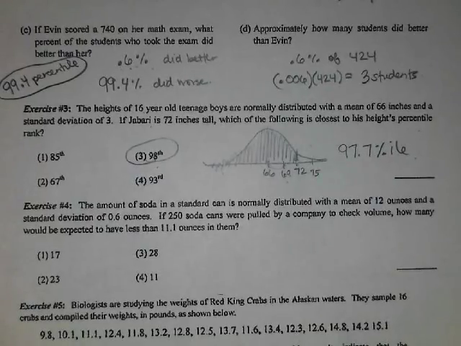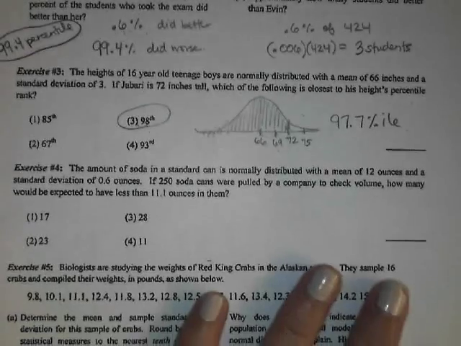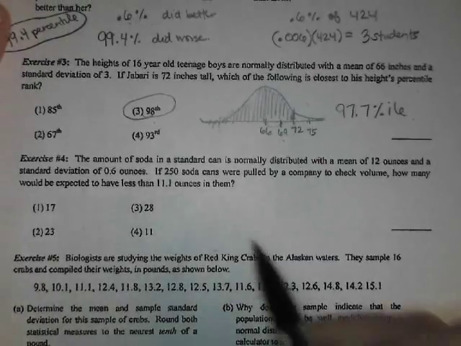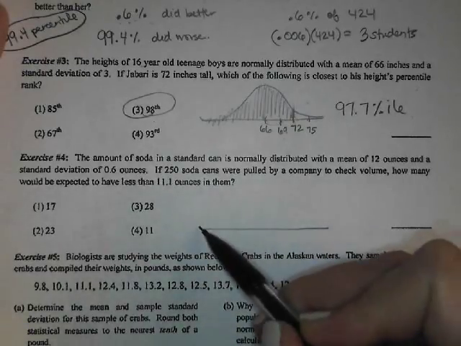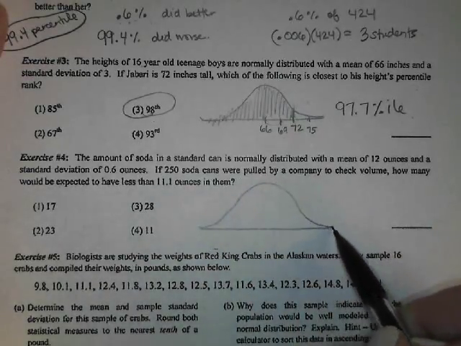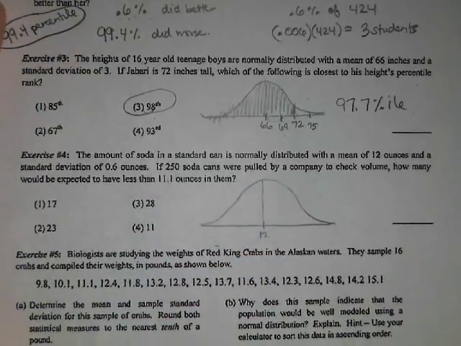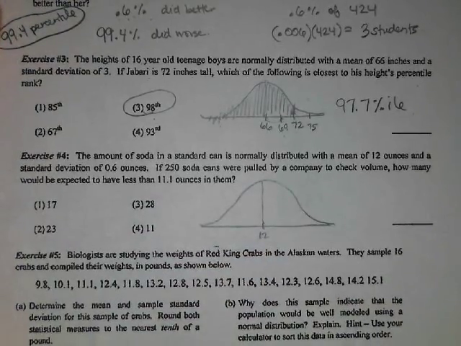Good? Okay. Number 4. The amount of soda in a standard can is normally distributed with a mean of 12 ounces. Sketch your normal curve. Average is 12, always right down the middle in a normal distribution. The standard deviation is 0.6. So Jake Clancy, I'm going to let you go again.